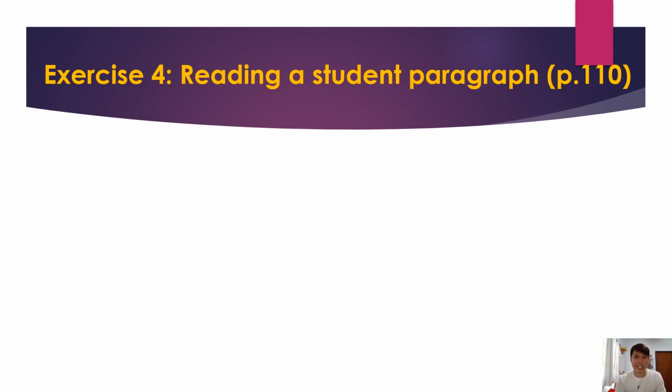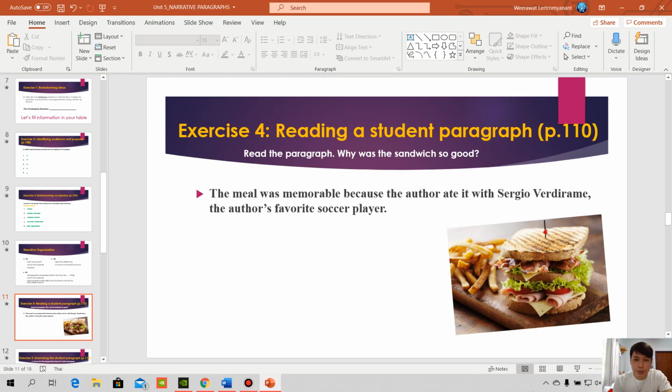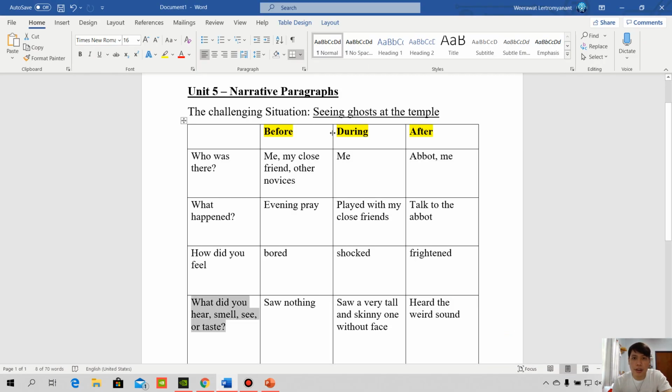I will go into the detail next week, because it must be detailed, how to write the narrative organization. But I just want you to do this for your own information and to prepare this one to become your complete narrative paragraph.